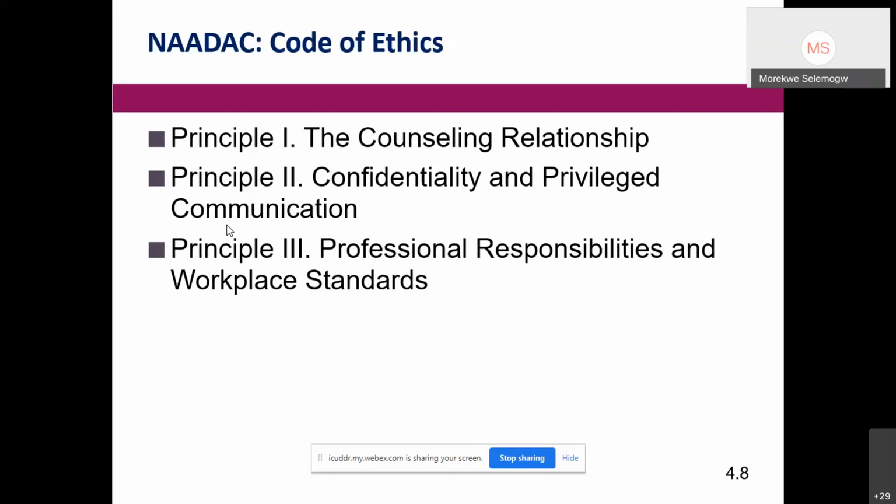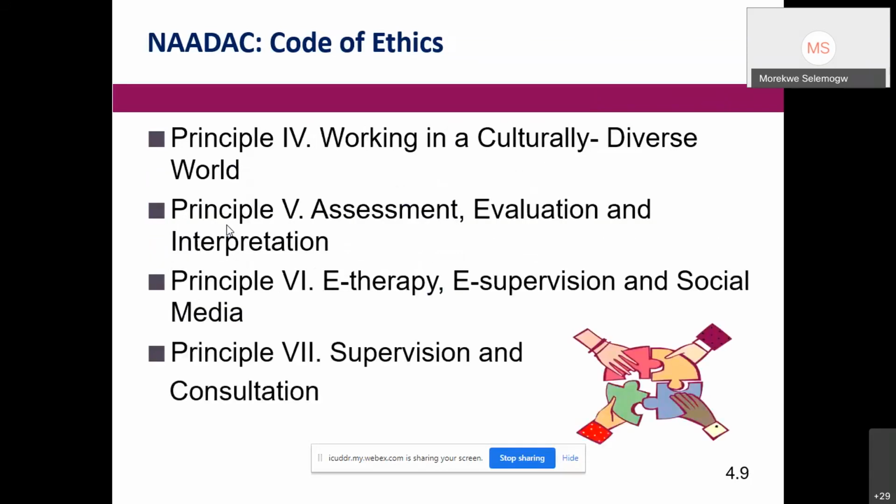And then principle 2 focuses on confidentiality and privileged communication. Principle 3 focuses on professional responsibilities and workplace standards. Principle 4 focuses on working in a culturally diverse world. And Principle 5 focuses on assessment and evaluation and interpretation.